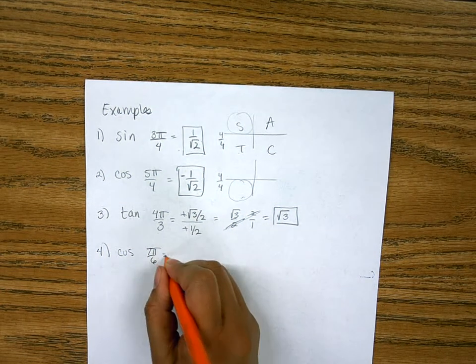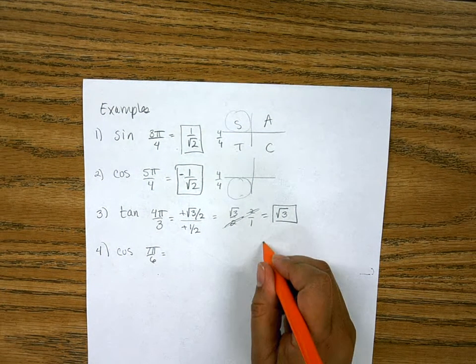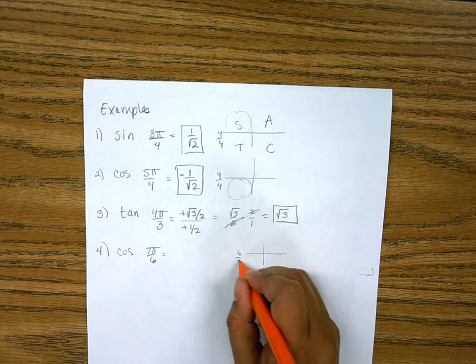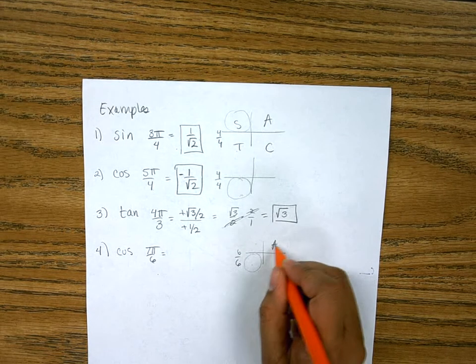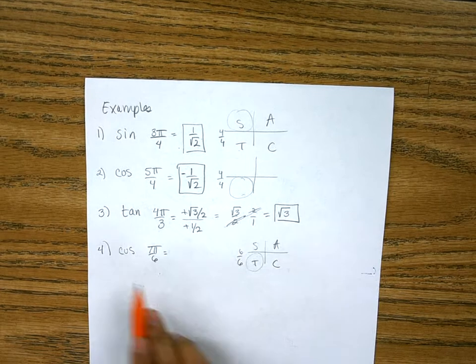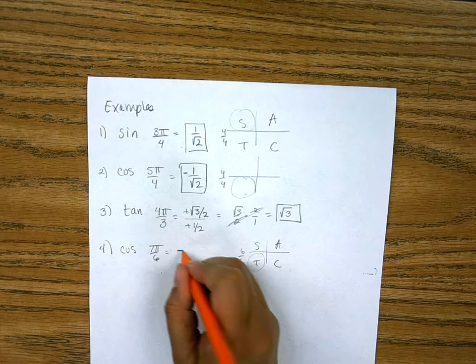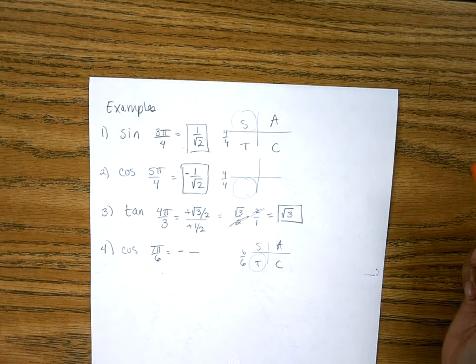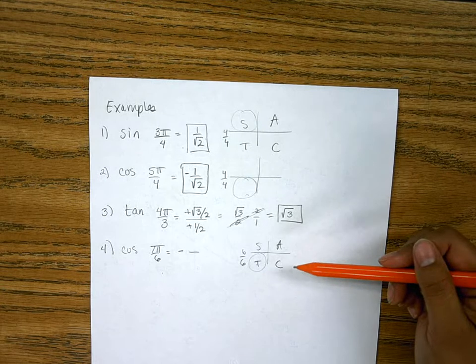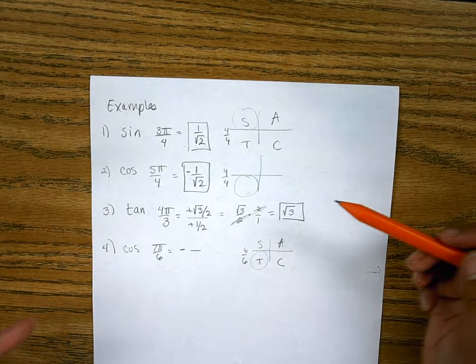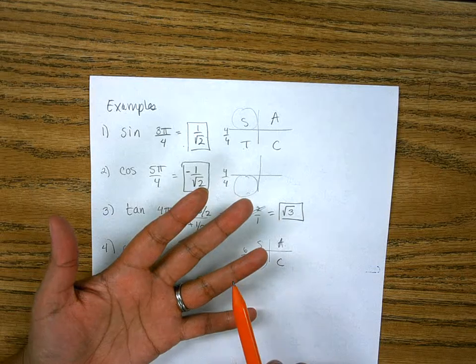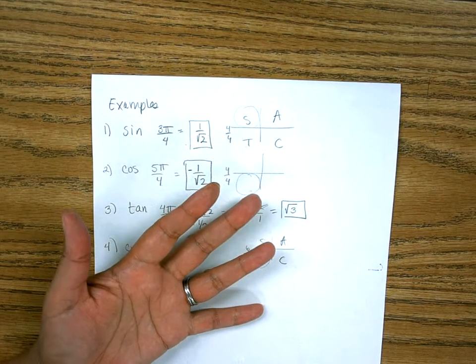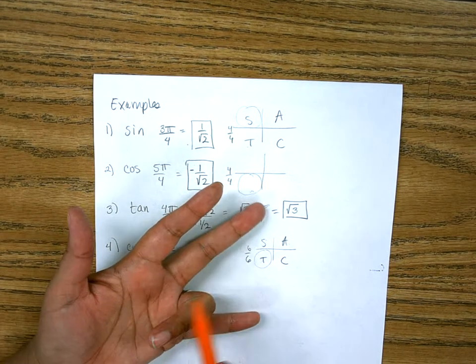So let's see if we can use our hand trick here. First off, 6 over 6 is here, 7 pi over 6 is quadrant 1, 2, 3. All students take calculus. Cosine is going to be negative, so we know it's going to be a negative value. Reference angle is 30. This is my 30-degree angle here.